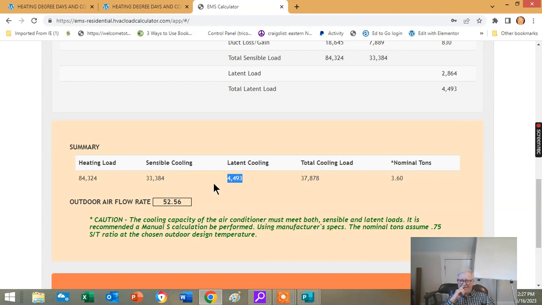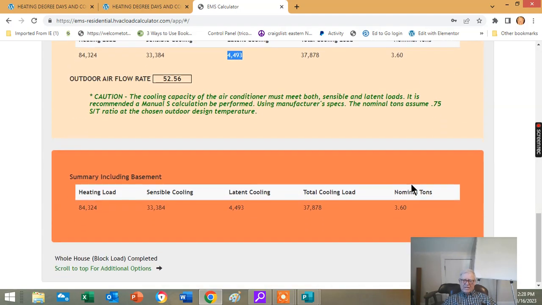If it can't, then you have to increase your tonnage by an amount that will take care of it. So in this case, you'll end up having to put in a 3.5 ton at least in here. Undersize it just a tad, but that's what I would put in that house. Tell the customers, and more than likely you'll never worry about getting warm in there, but there is a possibility, but that'll be a very temporary thing. Okay, so that's what you got.